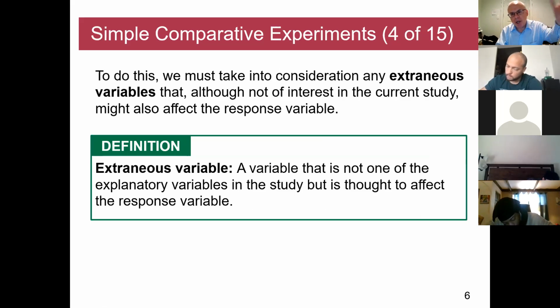So we call them extraneous, or outside of what you're studying, all right? So this is a variable that's not one of the explanatory variables in the study, but is thought to affect the response variable. So how do you know about these extraneous variables? You know about them because you've studied them, all right? So these are known variables that could influence the results of your experiment.